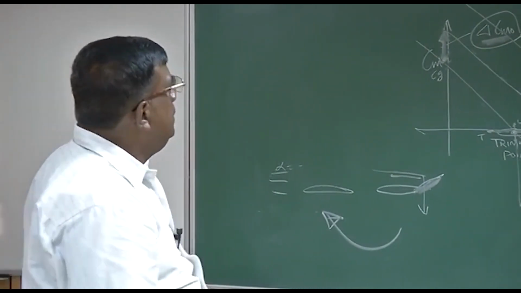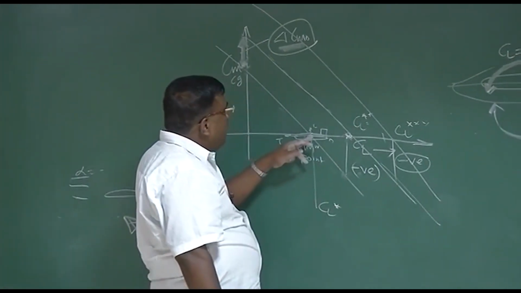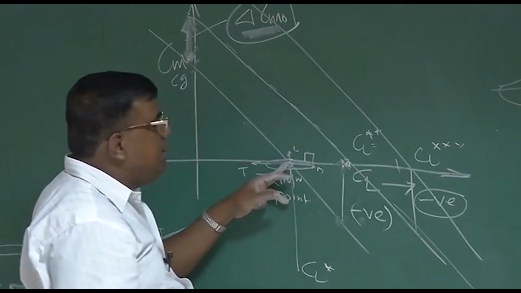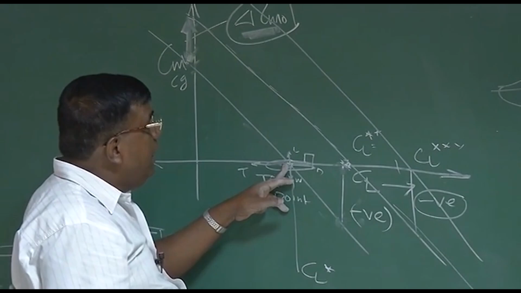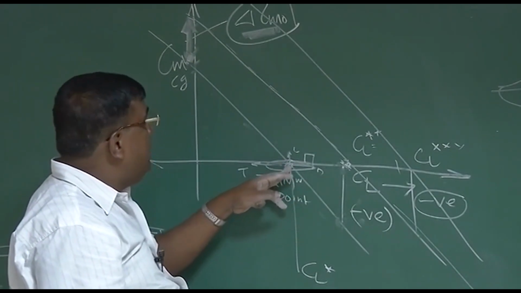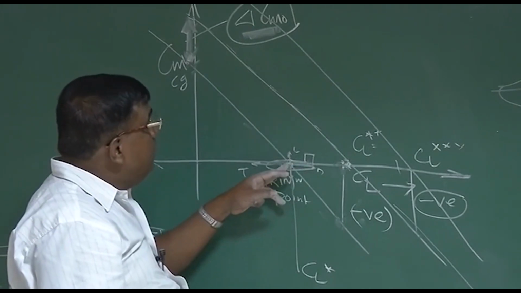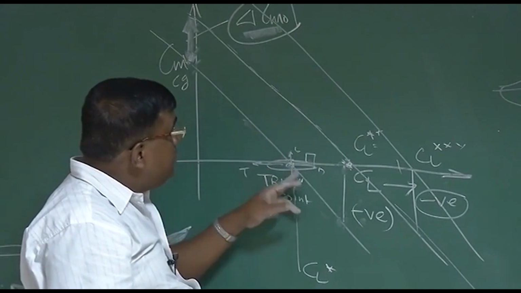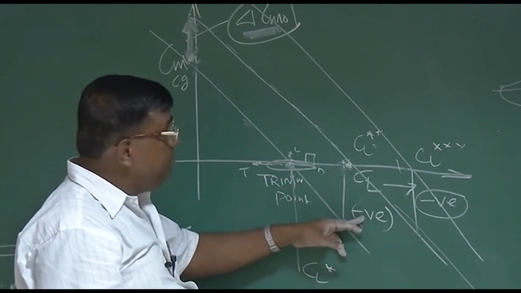I hope you have understood what I am doing, I am having trim points 1, 2, 3. I was flying at CL here. I want to fly at another CL. When I was flying here, I checked that I am statically stable because the slope is negative. So when I want to go from this CL to this CL, because this is statically stable at this equilibrium, it will generate opposing moment.